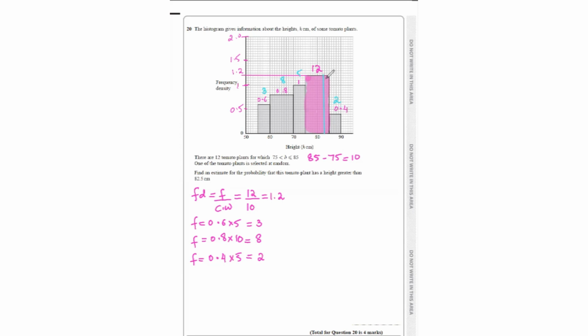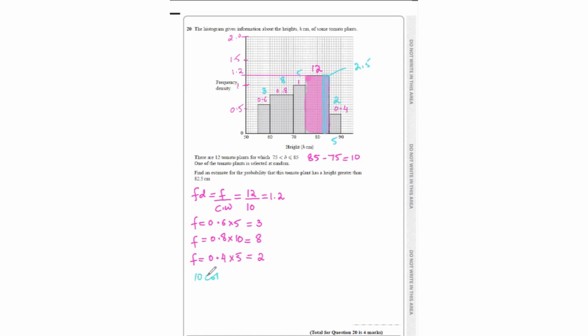So we know this part over here. Let me shade this. This includes 2.5. And this is a 5. So we need the frequency value for this 2.5 in the 80 bar. For that, we know we have 10 columns in this entire bar.